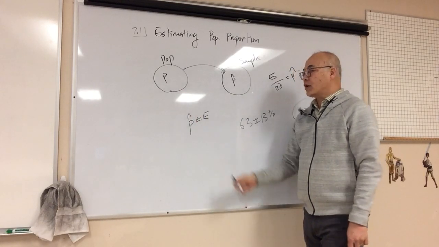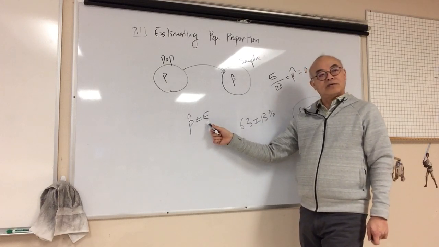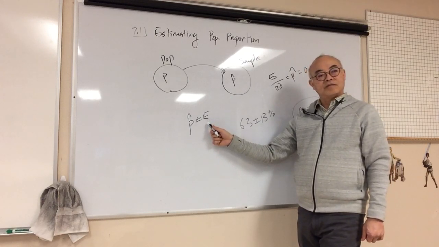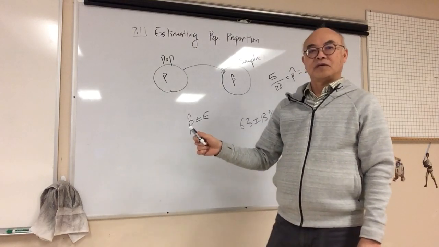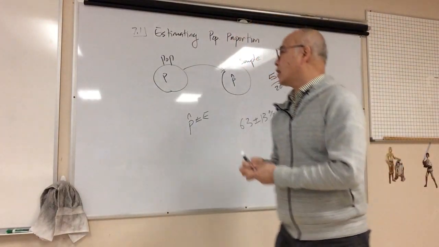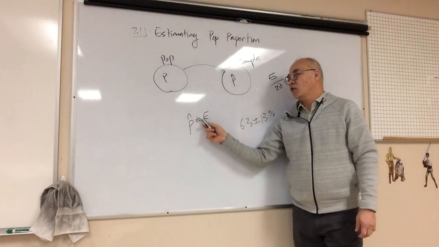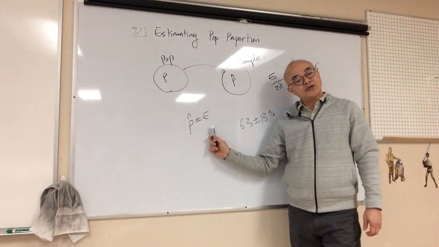Right? What are some of the things that would make this high or low? What are some things that would control this? Or should I ask the question, would you feel more confident, or would this be lower if you took a larger sample or a smaller sample?